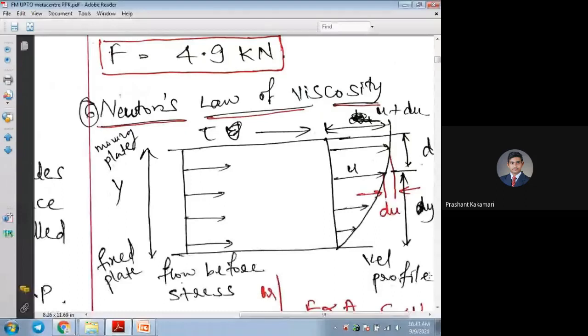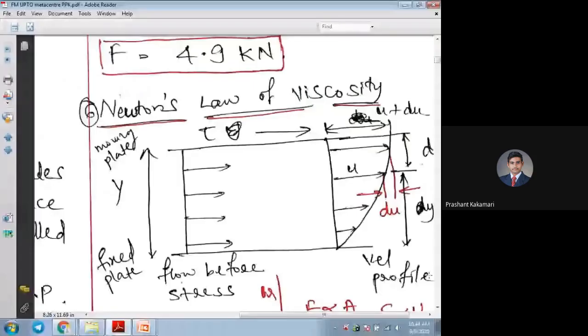The velocity obtained for a layer of the liquid, the change in velocity as du, a small change, and the distance change or the y distance between the small layer, we have taken dy for the small layer, and we assume here the liquid is also flowing in layers.